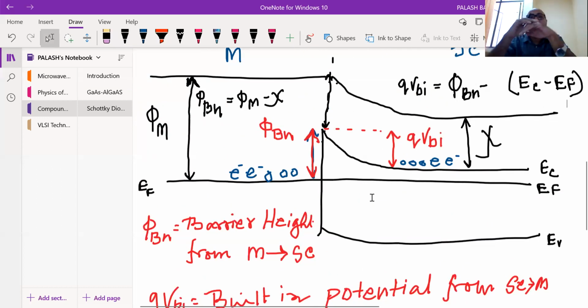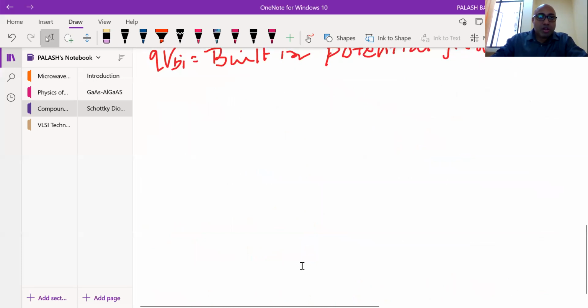Now, whatever we have done, this is in equilibrium condition. What if you apply some voltage, what would be this condition and how does it vary? So now let me draw the voltage condition, under voltage.